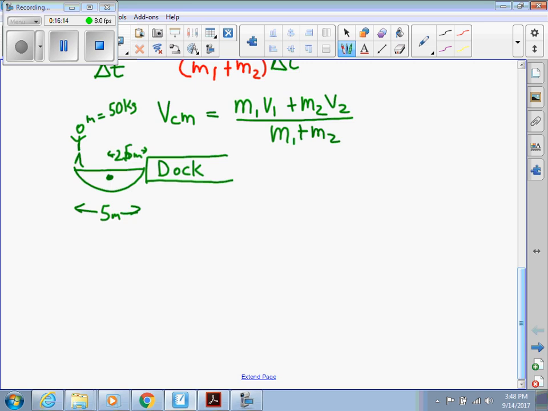And so if we're looking at him, we could find the center of mass of this system. Let's look at the boy standing on the boat, and find the center of mass for that system. Let's start with the boy.